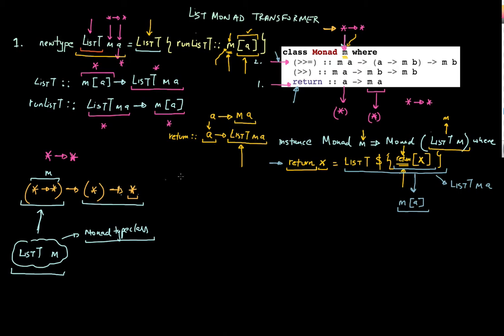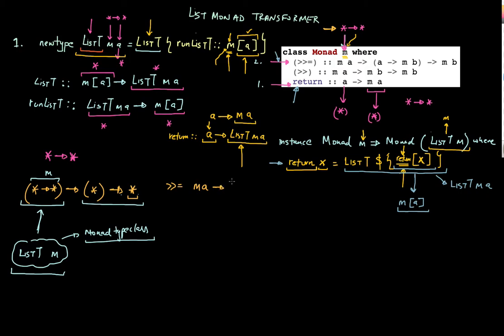Now let's do the same for the bind method. I'm just going to rewrite the type signature over here. The bind method takes in a monadic value as the first parameter.